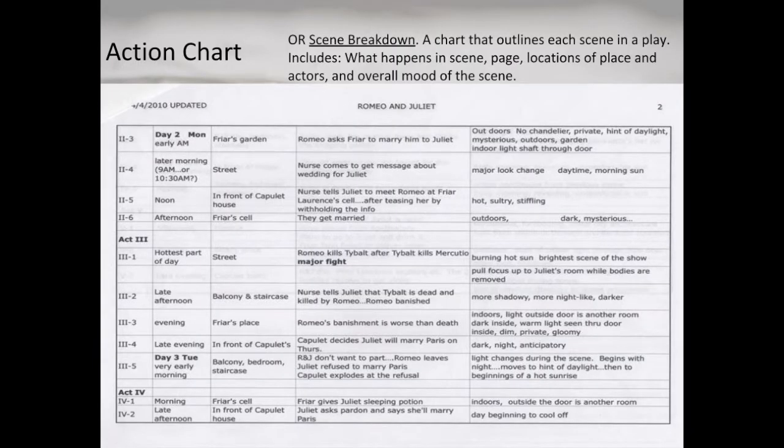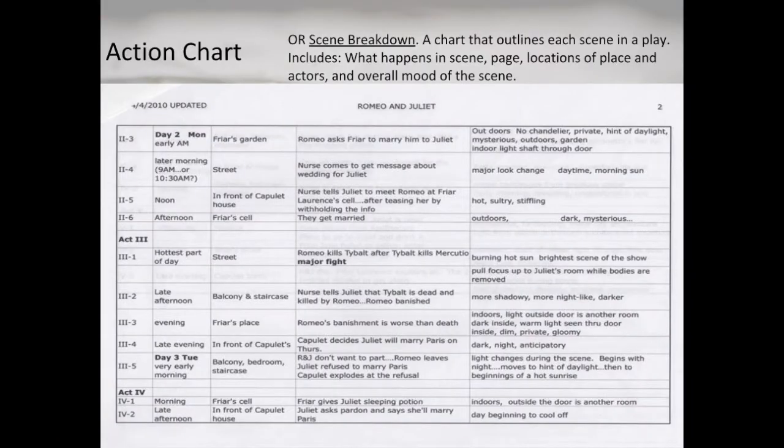First, we have an action chart, or more commonly known as a scene breakdown. And again, before I get into this, a scene breakdown is something usually that a stage manager does, but a lot of times costume designers do it for themselves too, or they use the stage manager's and then make their own.